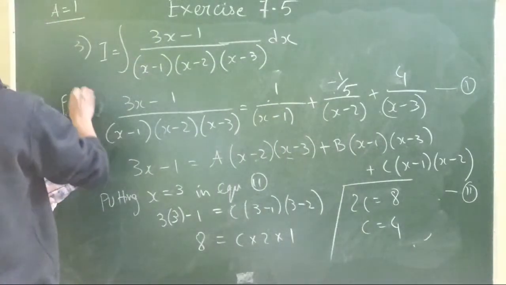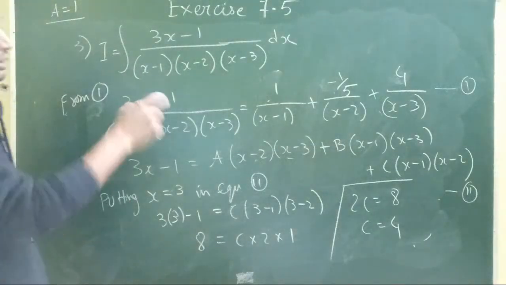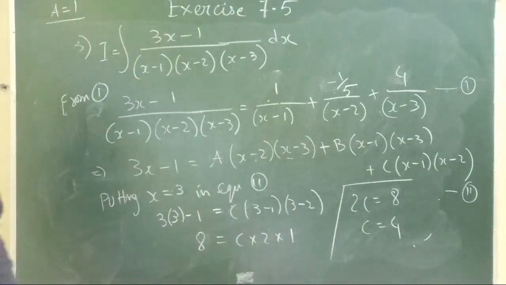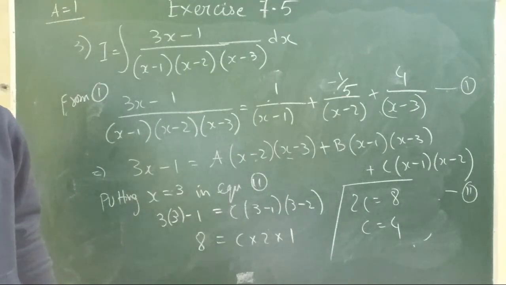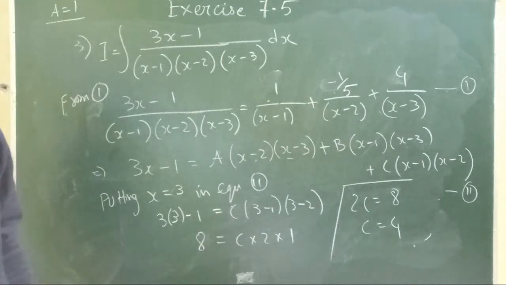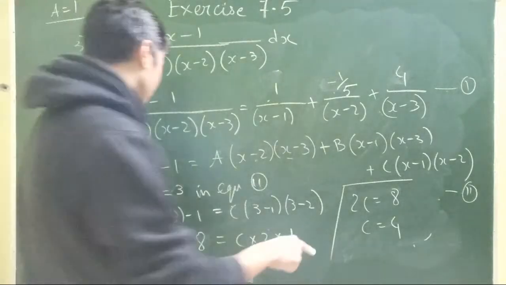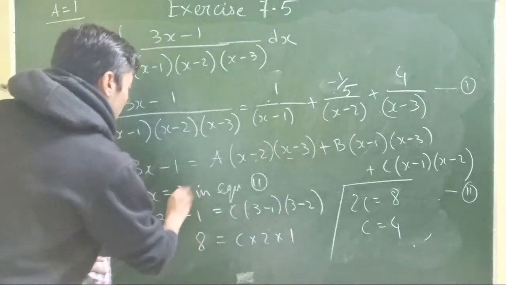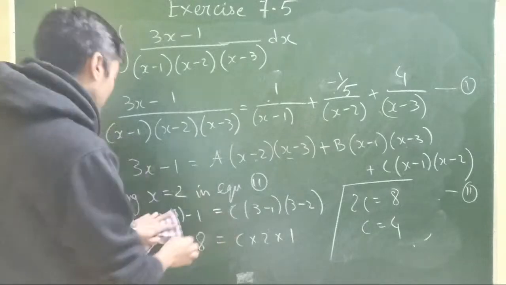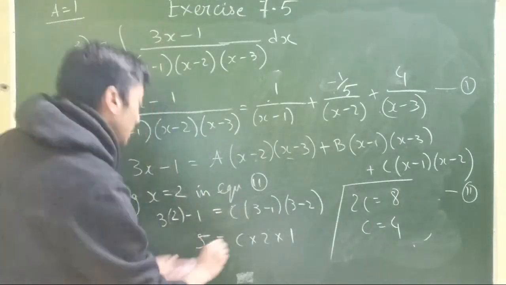So from equation 1, 3x minus 1 can be written as 1 upon x minus 1, 1 upon this minus 5. B was, I think, minus 5. Let me check. Sorry, was B 1 by 5 or minus 5? If you put 2, this is really not good. 2, so what do we have? 3 2s are 6, then we have 5.